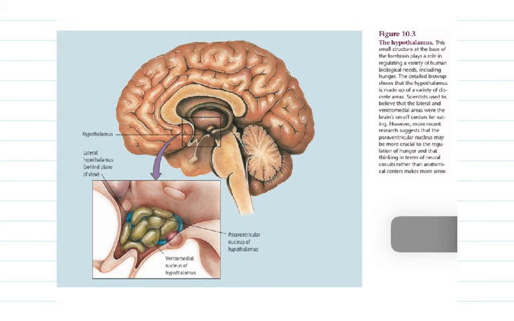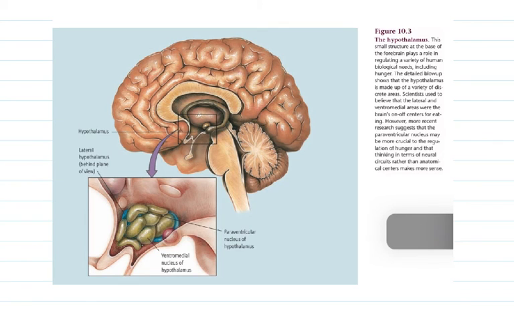Here, what you can see is the hypothalamus, which is a structure right here. And here you have a more detailed view. There are different points within the hypothalamus. This is what we call the lateral hypothalamus.